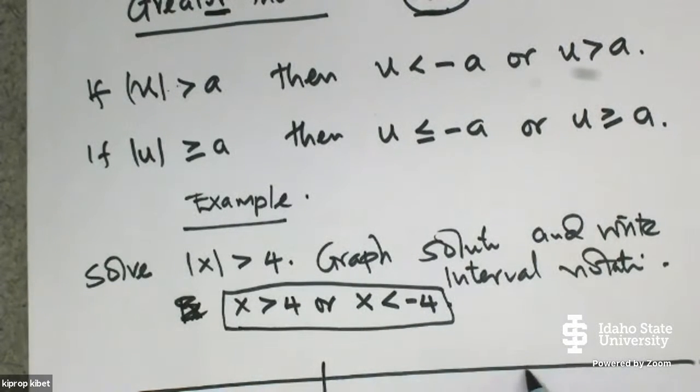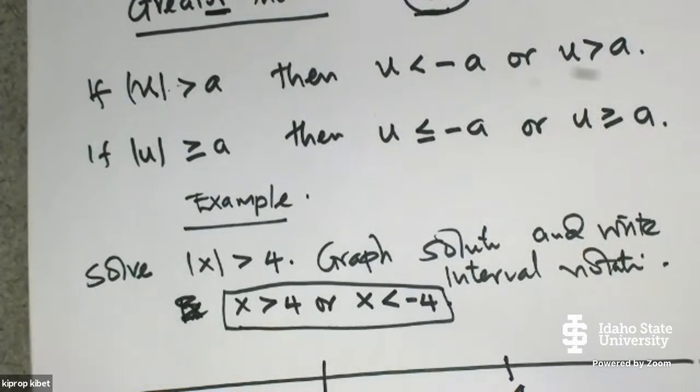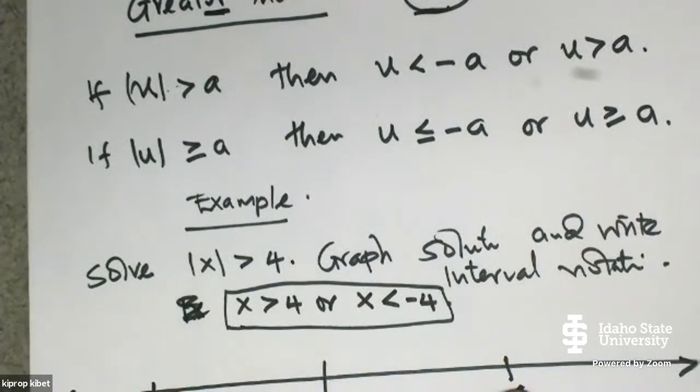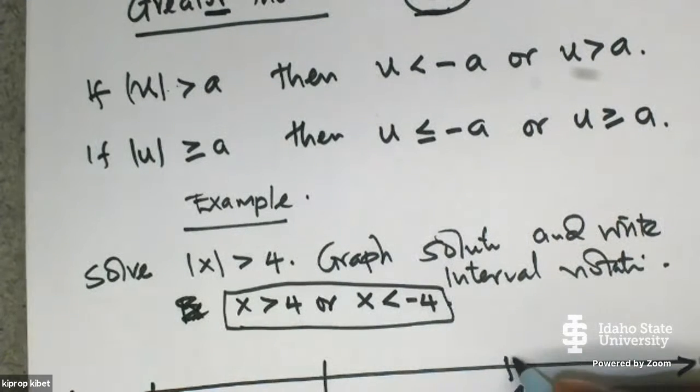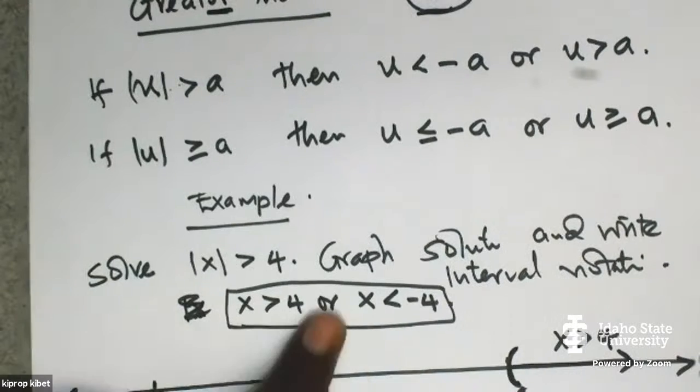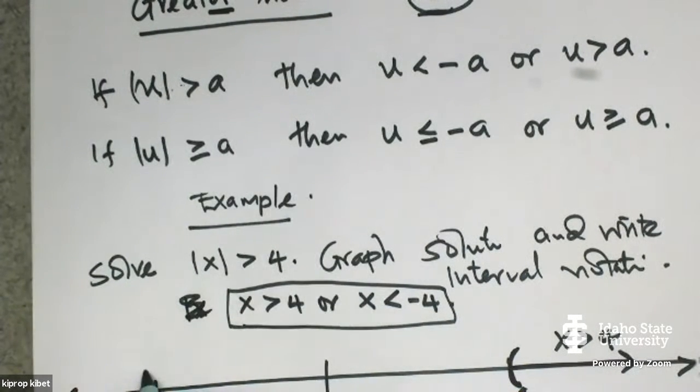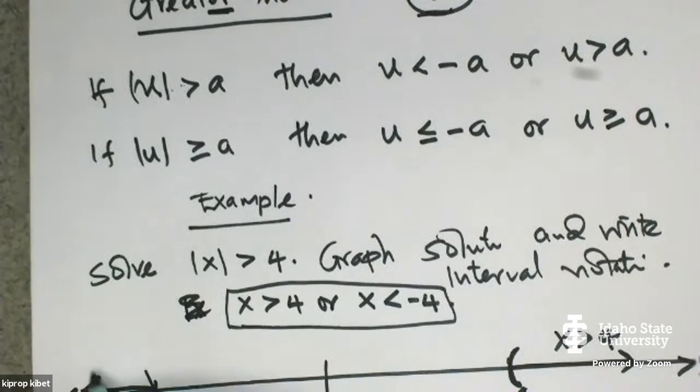There is 4 here, and minus 4 there. So x greater than 4 are the values on the right side of 4, and it is not including 4. And x less than minus 4 are the values on the other side of minus 4.